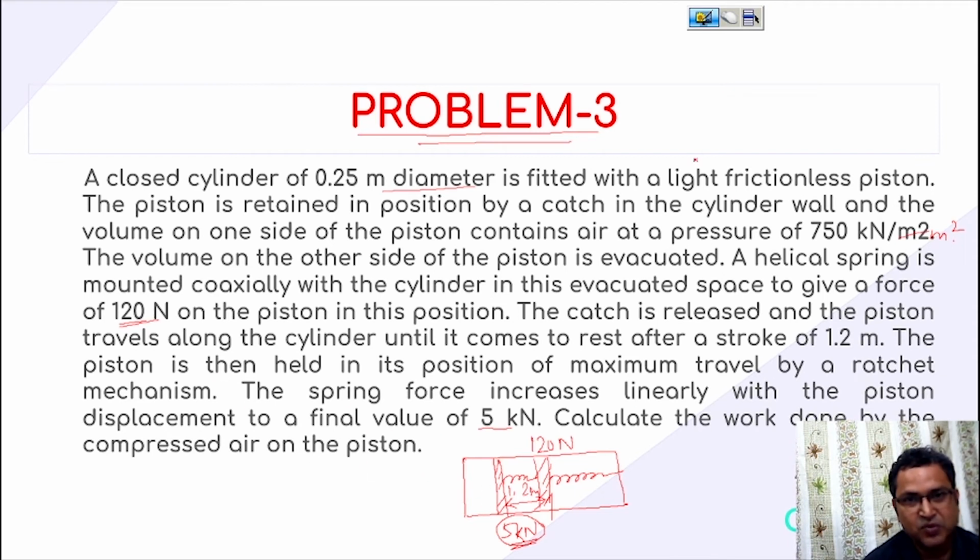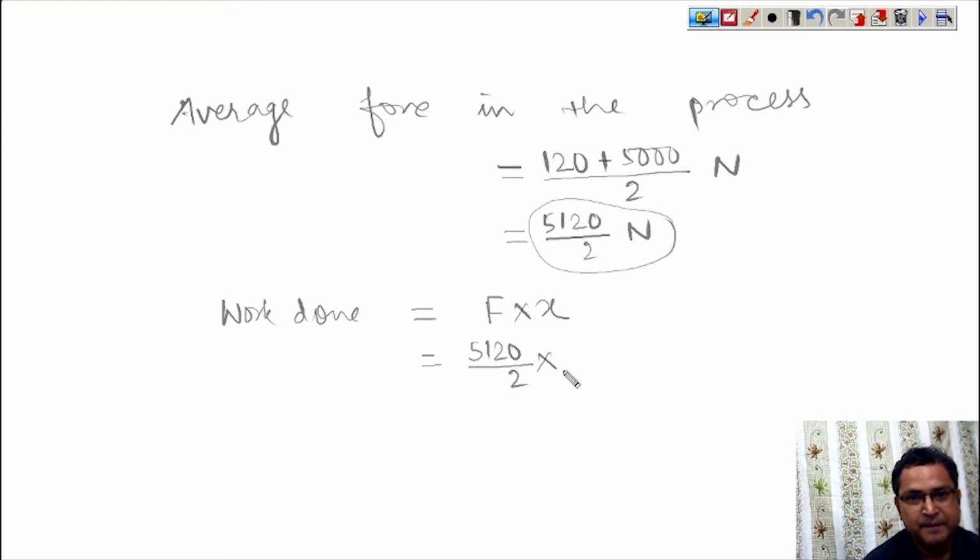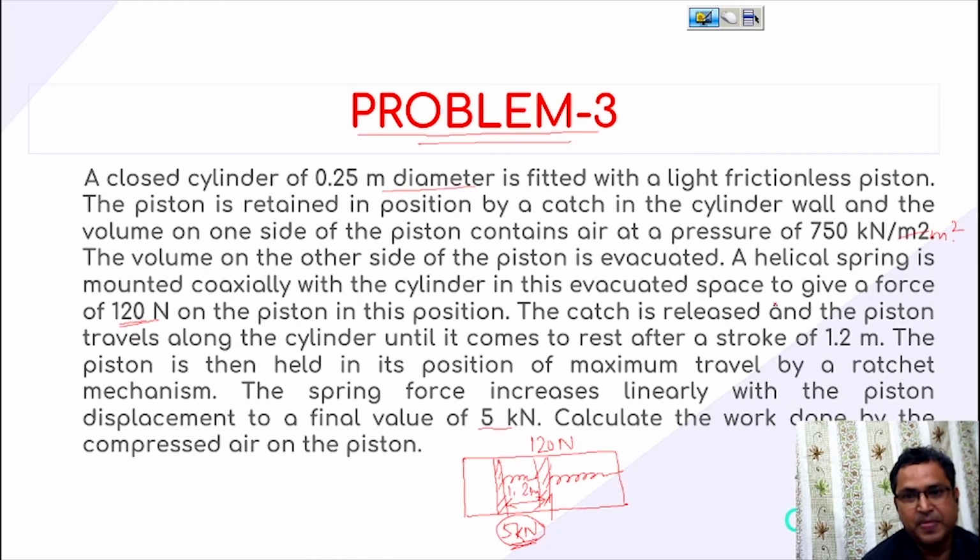Displacement is 1.2 meter. So this comes out to be 0.6. This much amount of work done, this much joule, or we can say 3.07 kilojoule. So this is the 3.07 kilojoule. This is the work done.